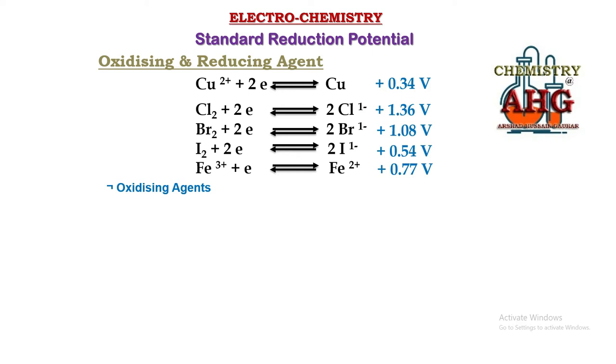Likewise, you can now easily tell which materials in these equations are the reducing agents, namely copper, Cu, chloride, bromide, iodide, and Fe2 plus. Why are they reducing agents? Because they are undergoing oxidation in the backward direction.